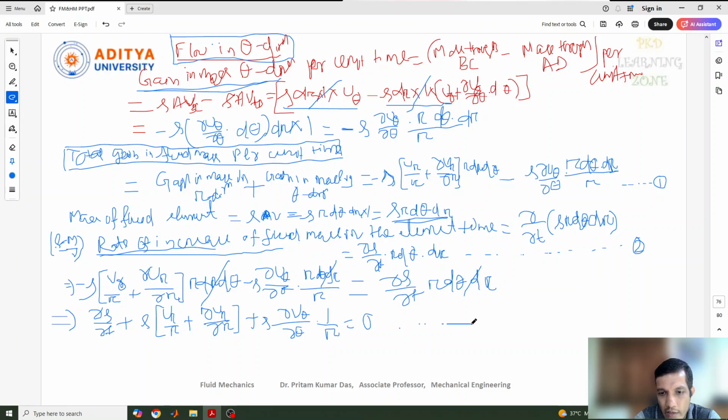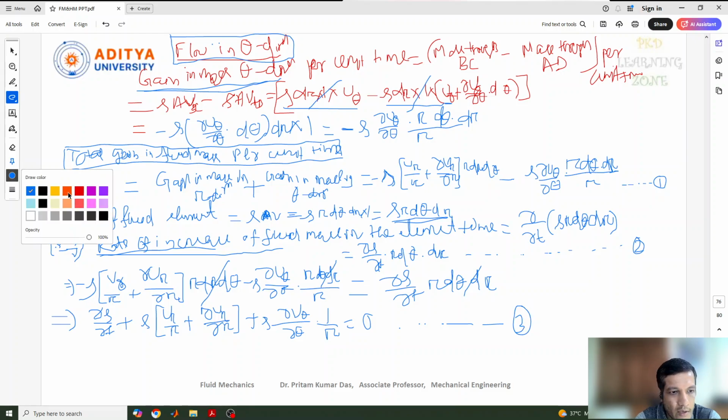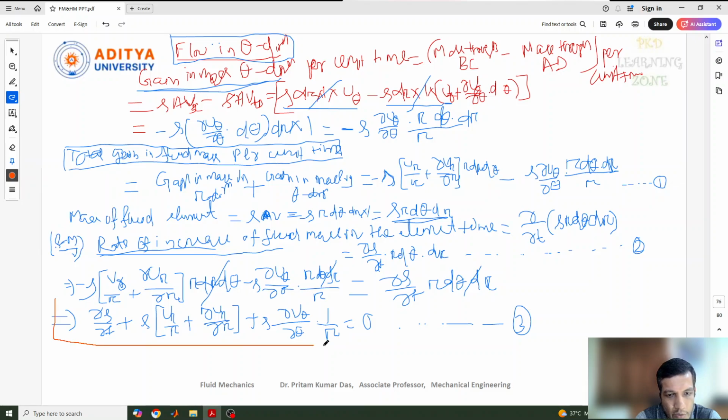This one you can call equation 3. This is equation 3, and just highlight this equation.